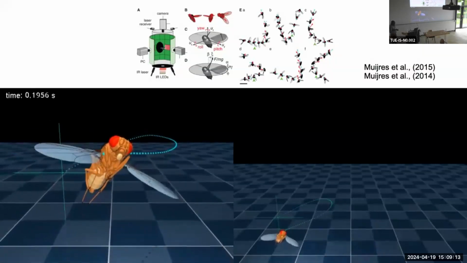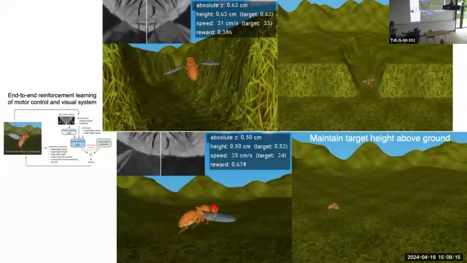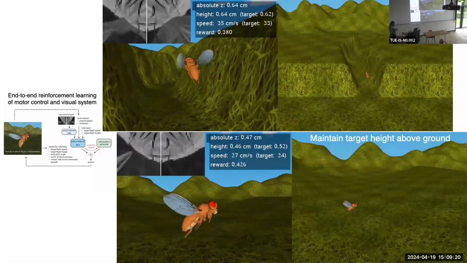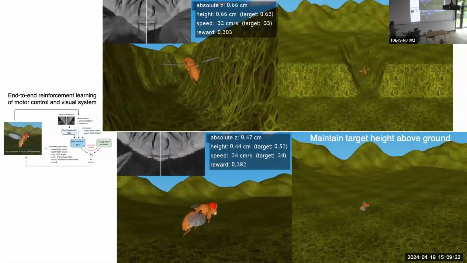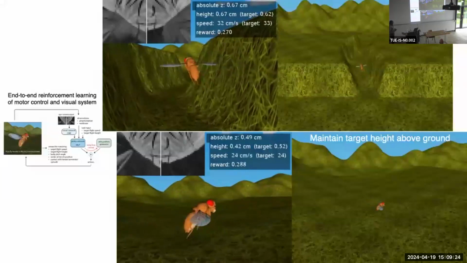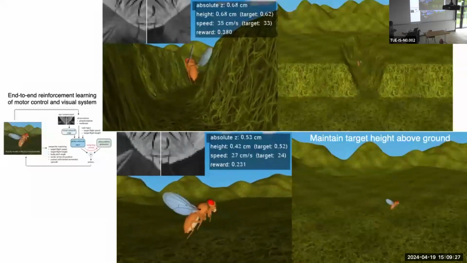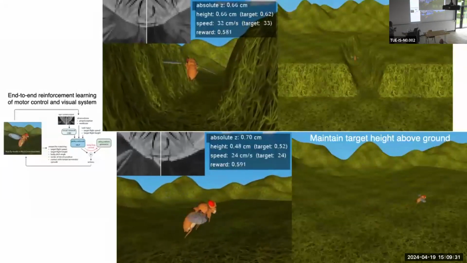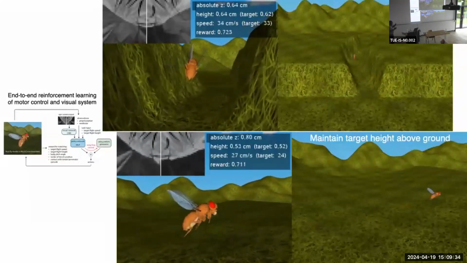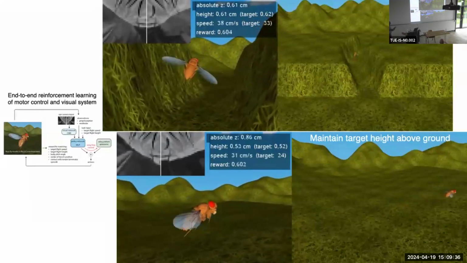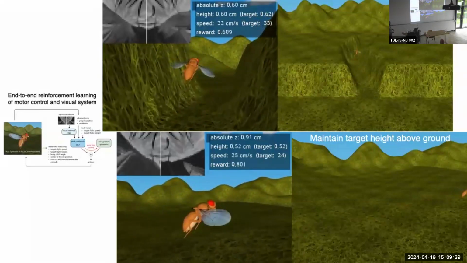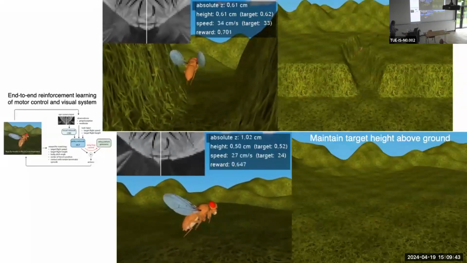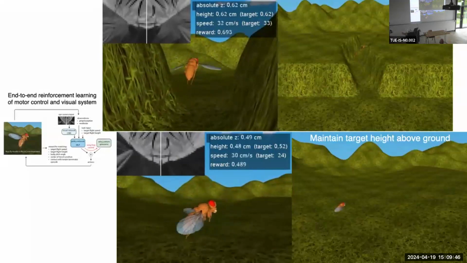So now we have this body, which for fun, we also tried to do some visually guided behavior with, like maintaining a certain height above the ground or navigating using its visual system through these trenches. All of these, we can now do in simulation. Although, I wouldn't say that the way in which these models are solving this task is necessarily realistic.